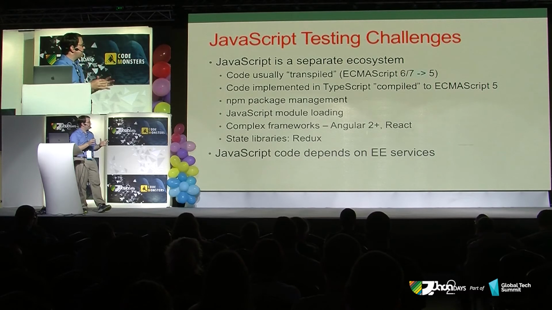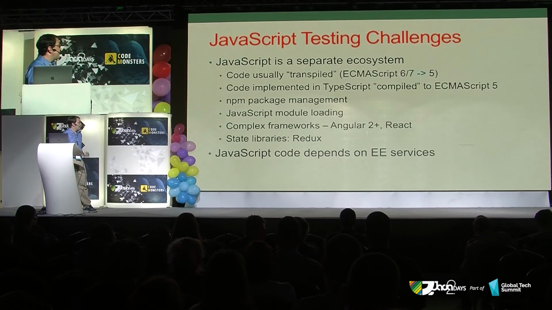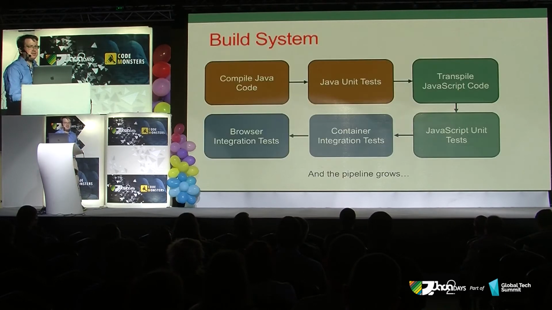Now your front end or your EE application is probably running microservices with an Angular or React front end, and you're transpiling down to ECMAScript 5. You're probably using NPM to manage the JavaScript packages, using state libraries, and then your JavaScript code is using services from the Java EE side.